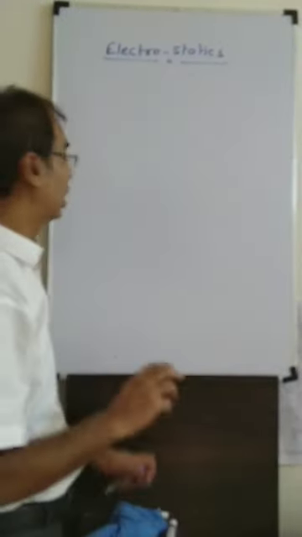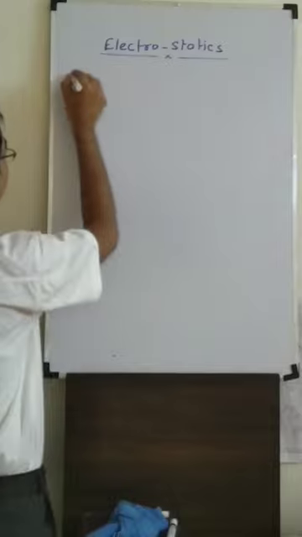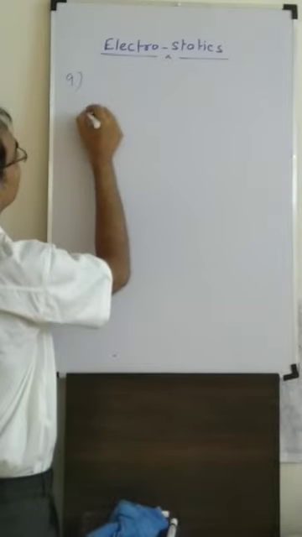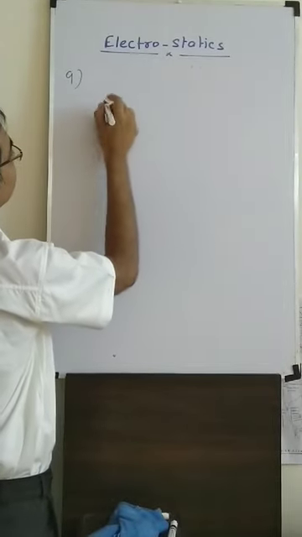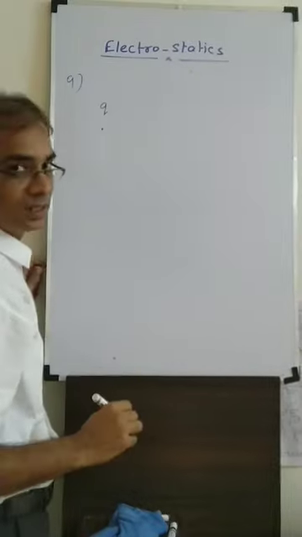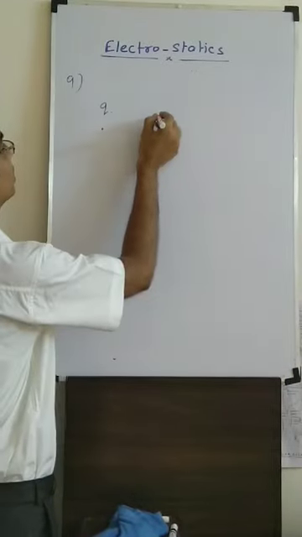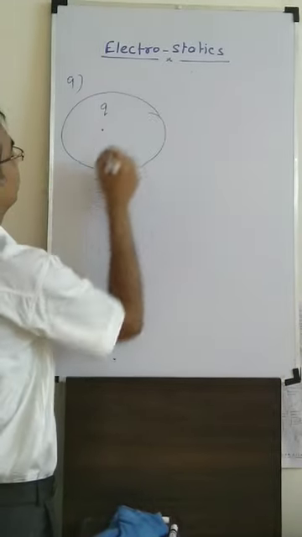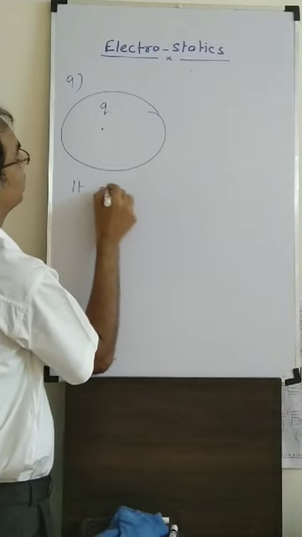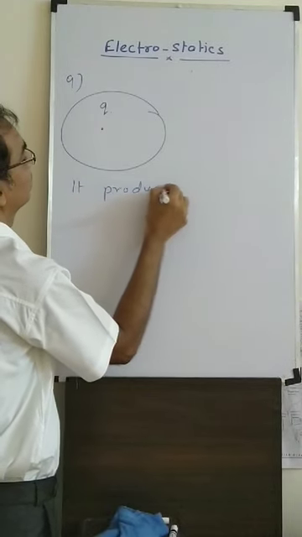Okay, the last property we have is, if charge is at rest, it produces an electric field around it.